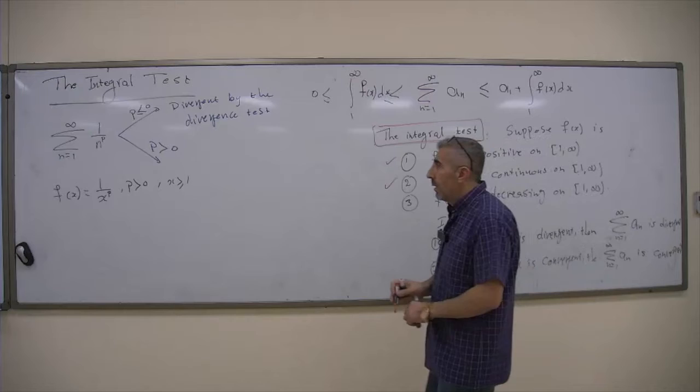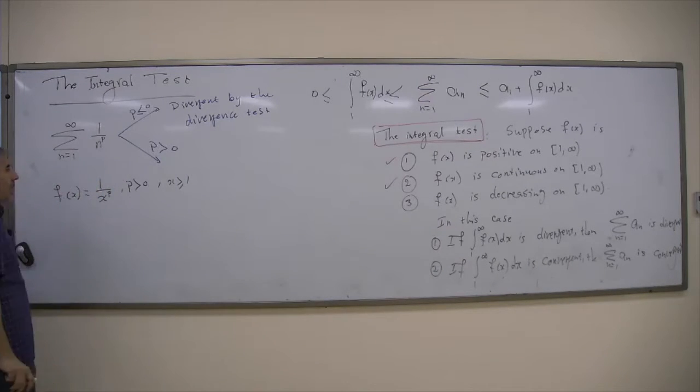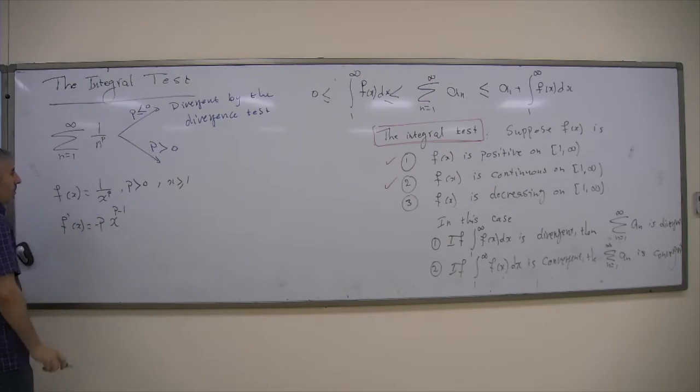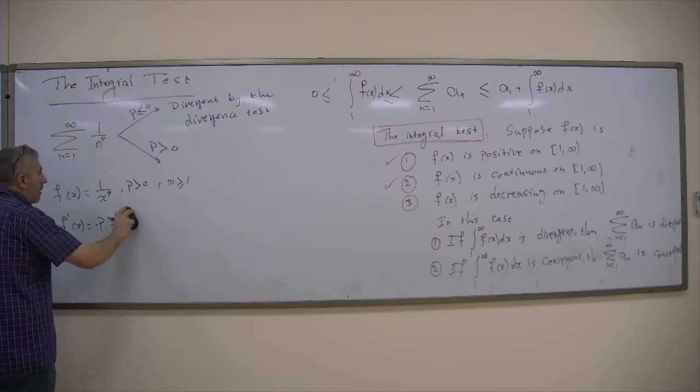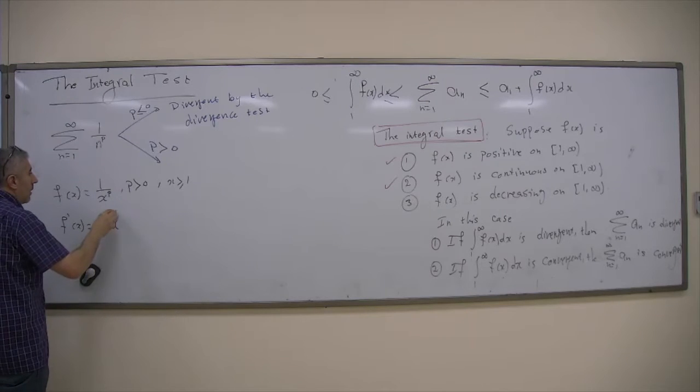Well, 1 over x exponent p here, if you're not sure, you can differentiate. So this is going to be negative p x exponent negative p minus 1.